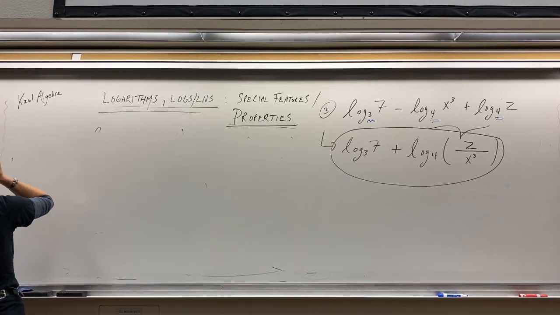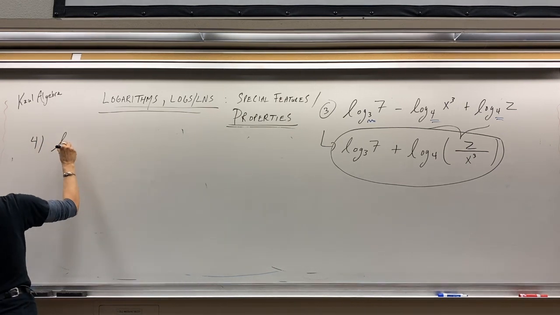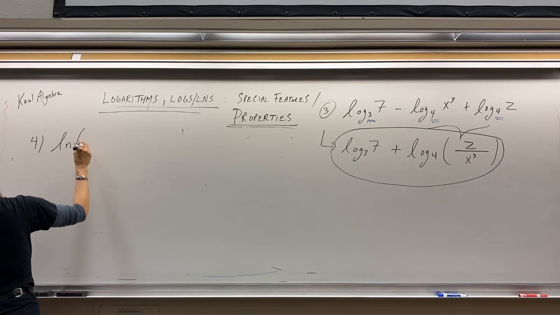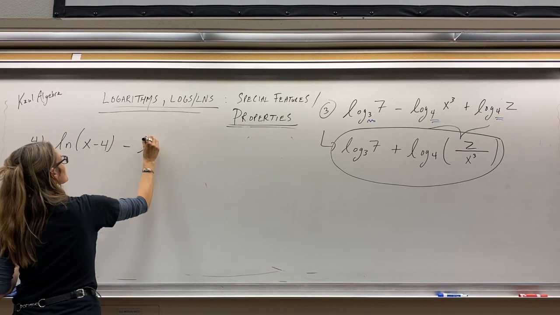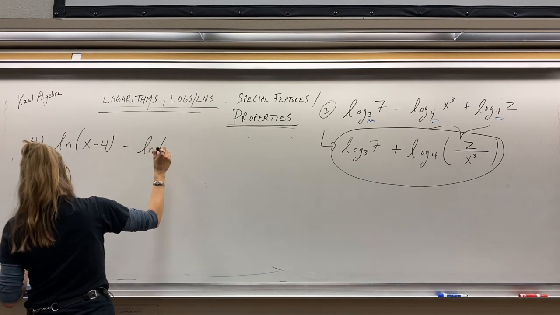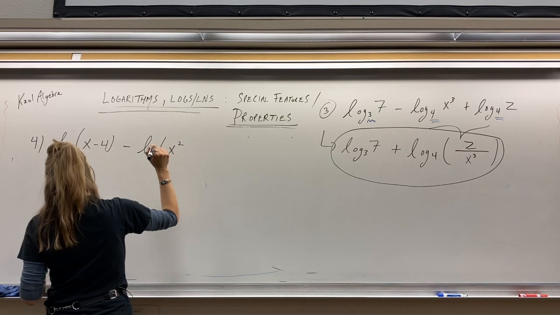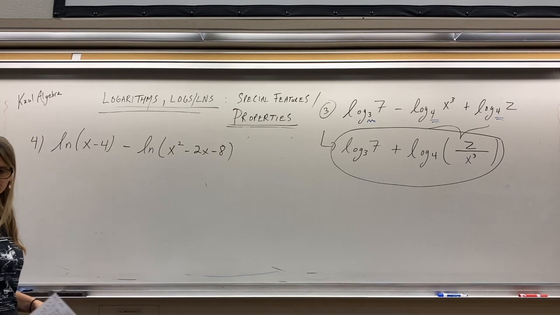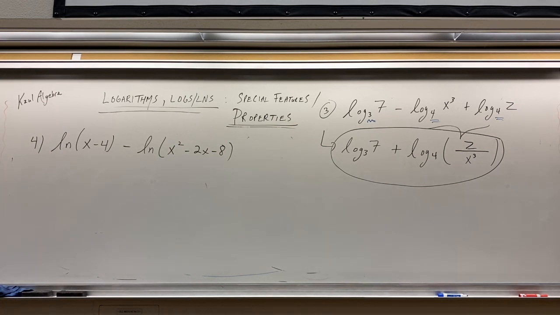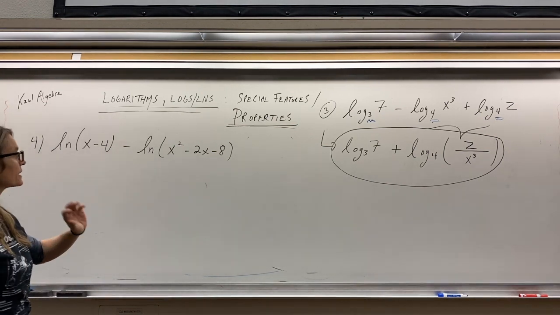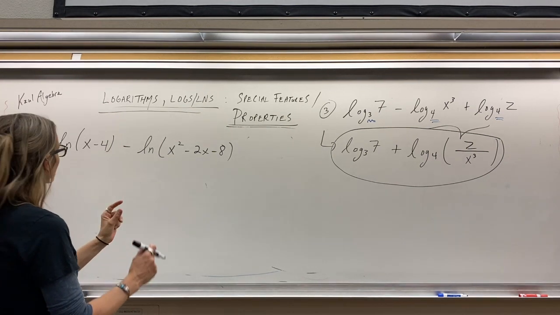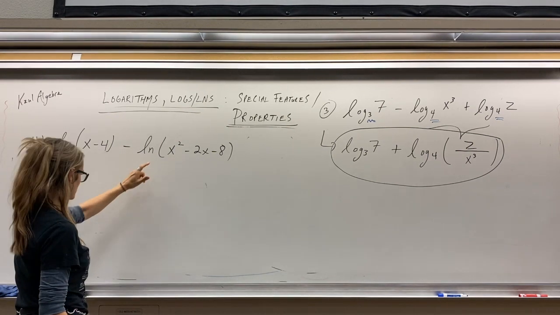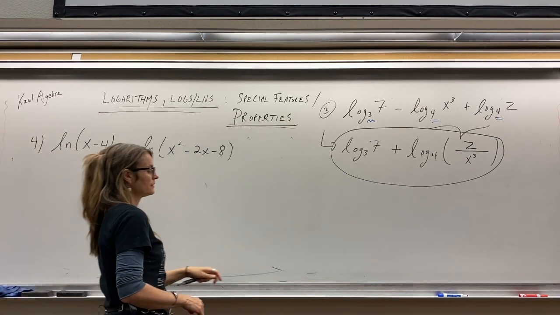Okay, here's a good problem. Let's say I had ln of x minus 4 minus ln of x squared minus 2x minus 8. So in this case, we recognize that to combine these, we have to check to see the bases are the same, and they are.